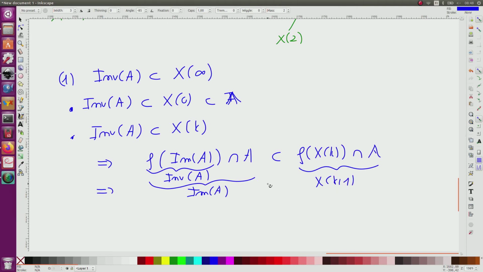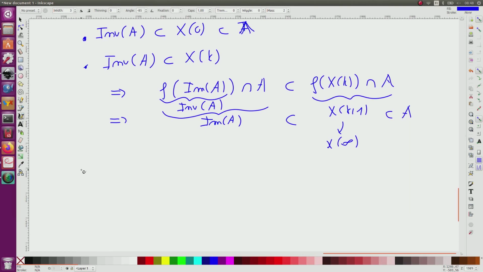So I have shown that invariant of A is included in xk plus 1. Since xk plus 1 is also included in A, okay, so it will go up to infinity. And by induction, I show that invariant of A is included in x, the limit of the sequence. So it was the first part of the proof.